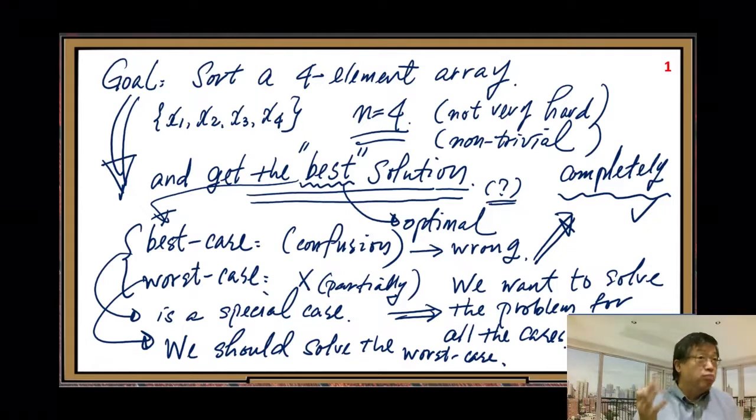The worst case corresponds to the worst efficiency number, that's the reason we call it worst case. If you get the best solution for the worst case efficiency number, then for other cases, you can only do better than that.